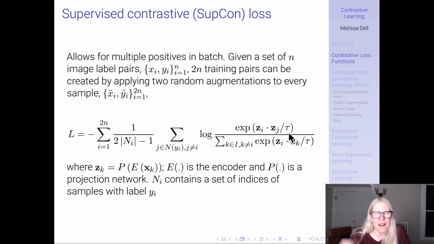You would use data augmentation to get your positive, and you just have one data augmentation that you do, and then the rest of the batch was negatives. But if you have supervised data, clearly you might have multiple positive examples for a given anchor. And SupCon is essentially a generalization of the InfoNCE loss that allows you to have multiple positive pairs in a batch.